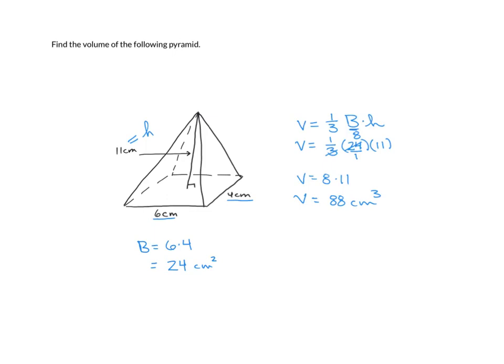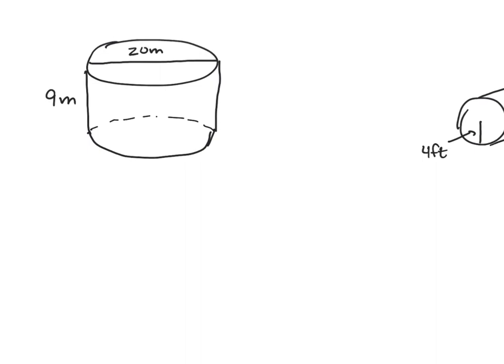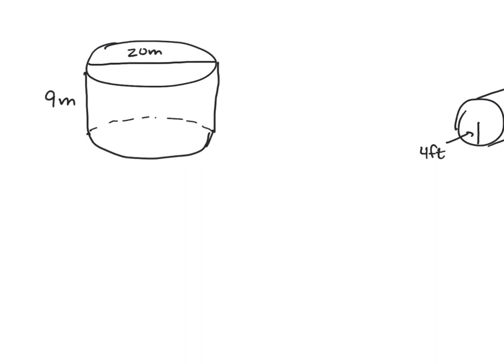Okay, last one we have is our cylinder, or our can. So let's go ahead and look at some examples of this. Our first one is a cylinder that has a diameter of 20 meters and a height of 9.